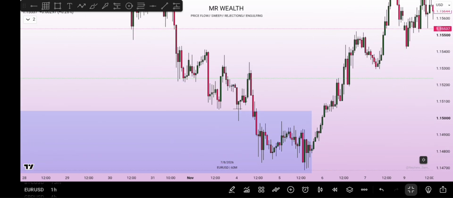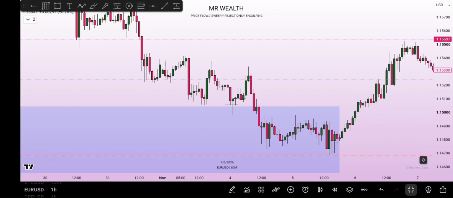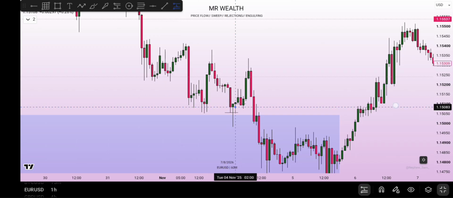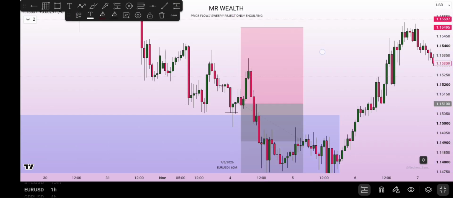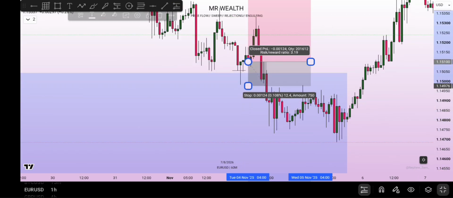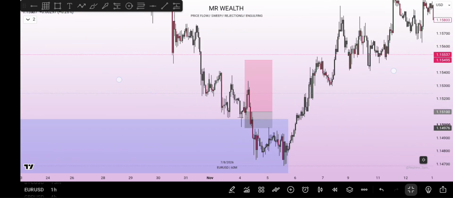But you can see that you had an SL in your first try. Because trading is a probability game, it's not sensitive like you say, oh, I must hit TP every time.